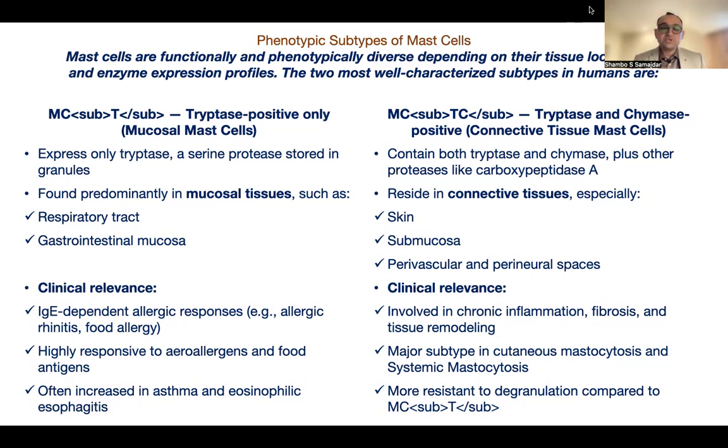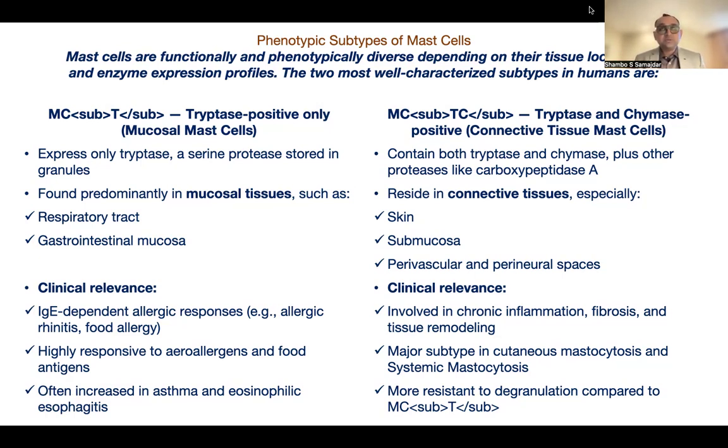and gastrointestinal mucosa. Whereas the tryptase and chymase positive mast cells, the connective tissue mast cells, contain both tryptase and chymase plus other proteases like carboxypeptidase A, and they reside in connective tissues, especially skin, submucosa, perivascular, and perineural spaces. Why is it clinically important?